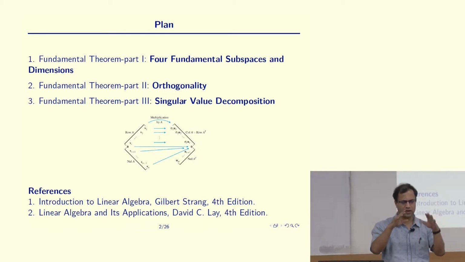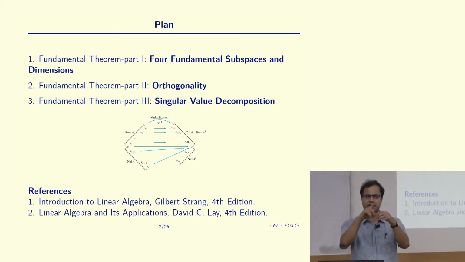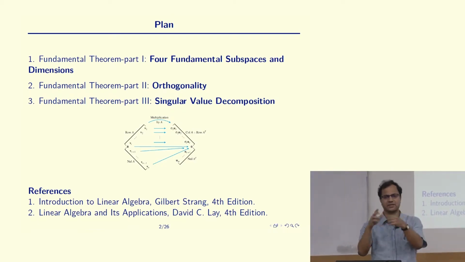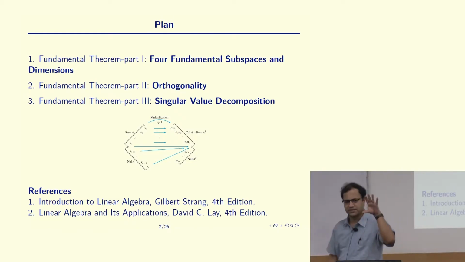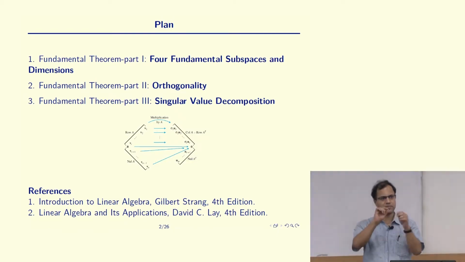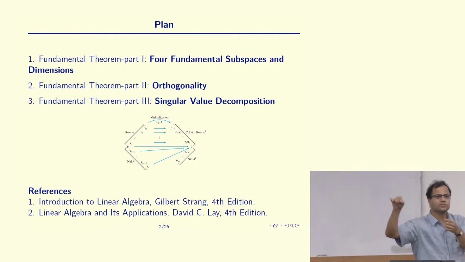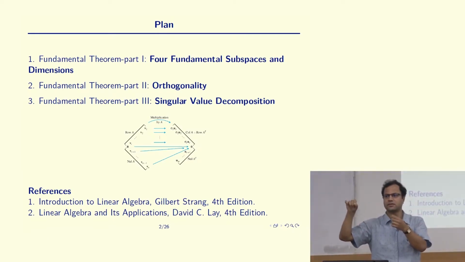So overall, given any matrix A and any vector x in the space Rn, we have seen that Ax belongs to the column space of the matrix, right?